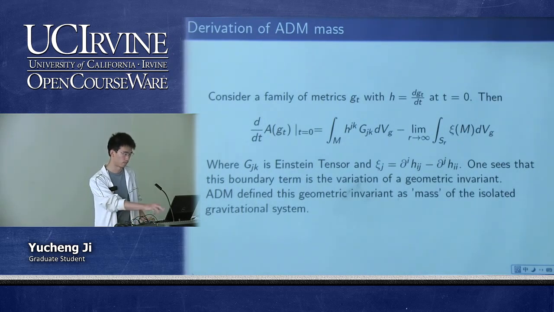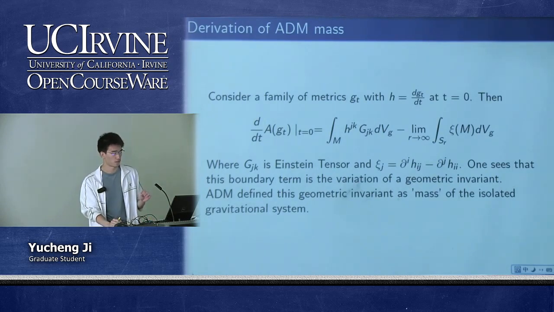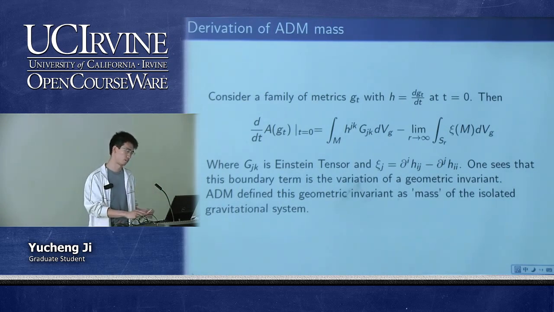The psi_j is defined from the first derivative of the metric, and we see that the boundary term is the variation of a geometric invariant. If the spacetime is vacuum, then the first term vanishes, and the second may be related to the pure gravitational field energy or mass.